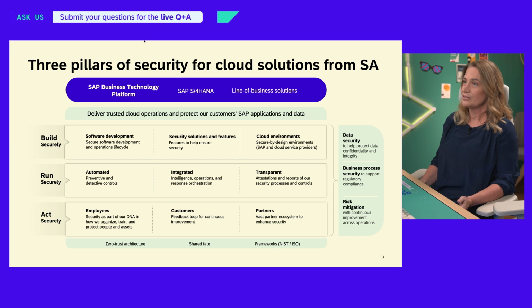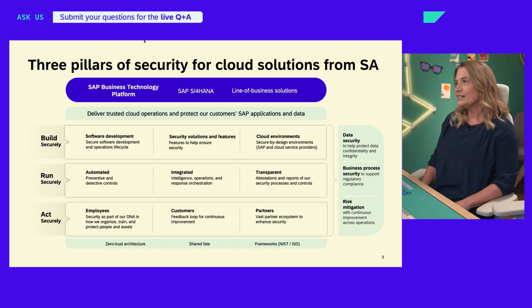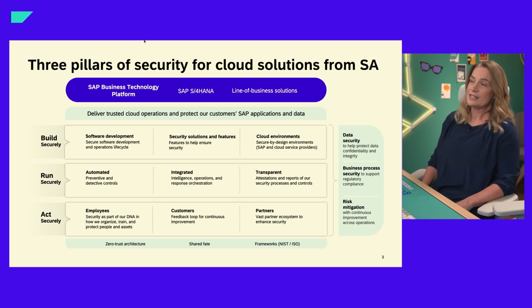So whether you're within the network or outside of the network, first of all, you have to prove your identity. The principle of shared fate or shared responsibility, which means that SAP has certain responsibilities, as do our customers. We'll get to that in more detail later. And of course, we are also being informed and guided by standards and frameworks such as NIST and ISO.